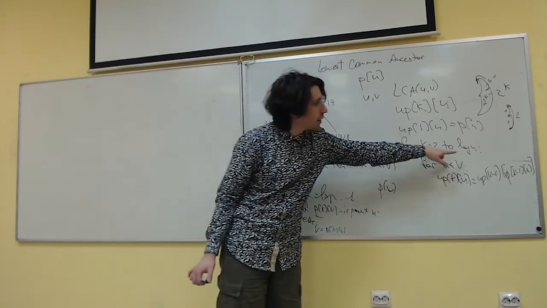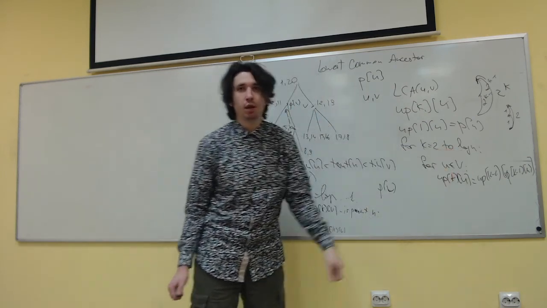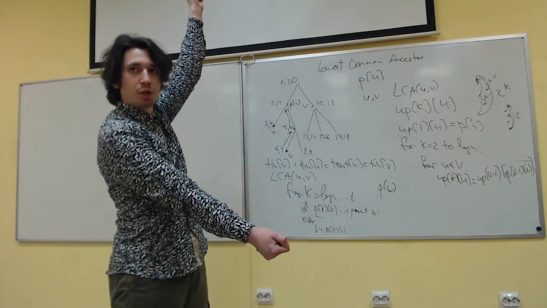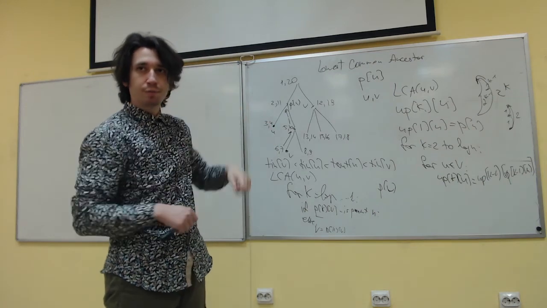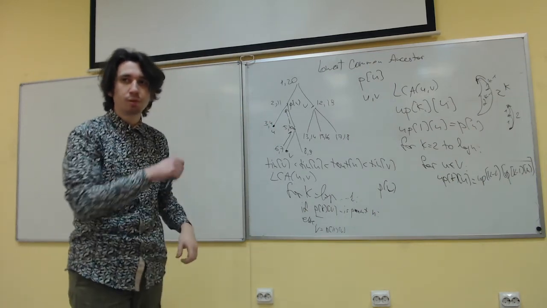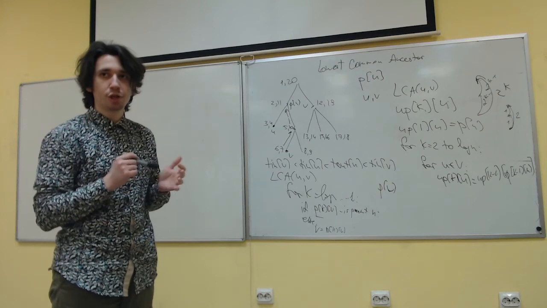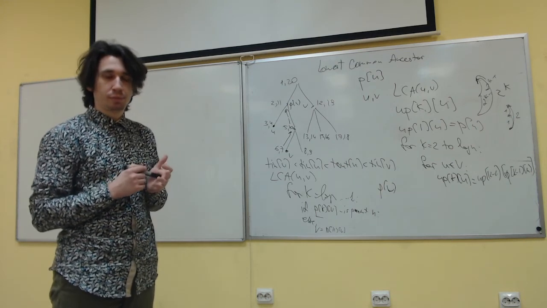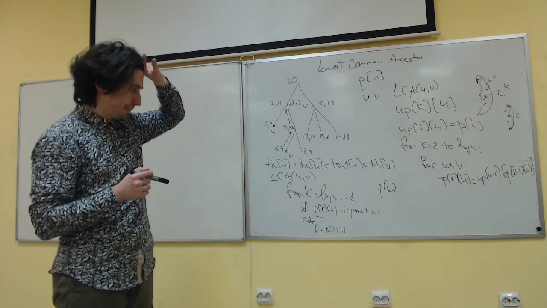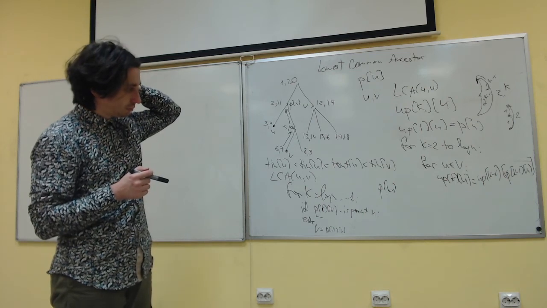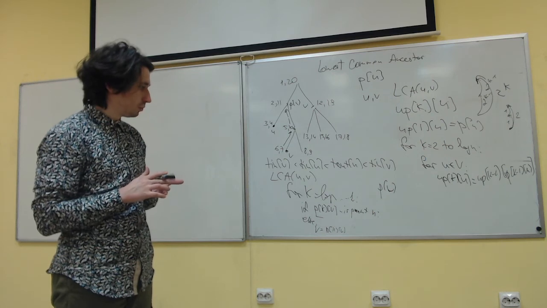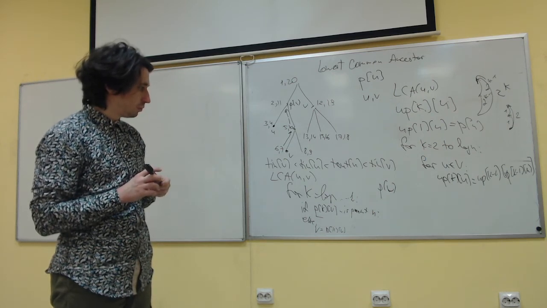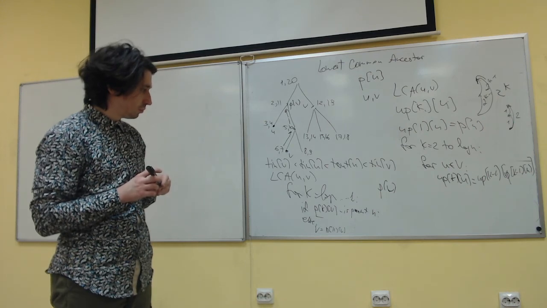In the worst case it will be a chain, and then with 2 in the power of k we can have a jump where k is logarithm n. But some of the up entries would not be filled, no?